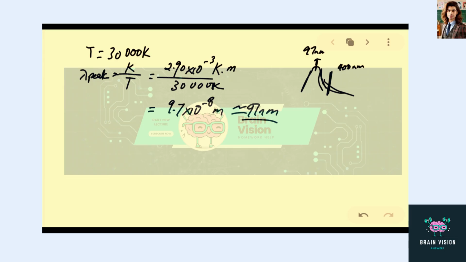Its actual peak is in the ultraviolet range, but it will have a significant proportion of its energy or photons with wavelengths nearly 400 nanometers. That's why we see it as blue.